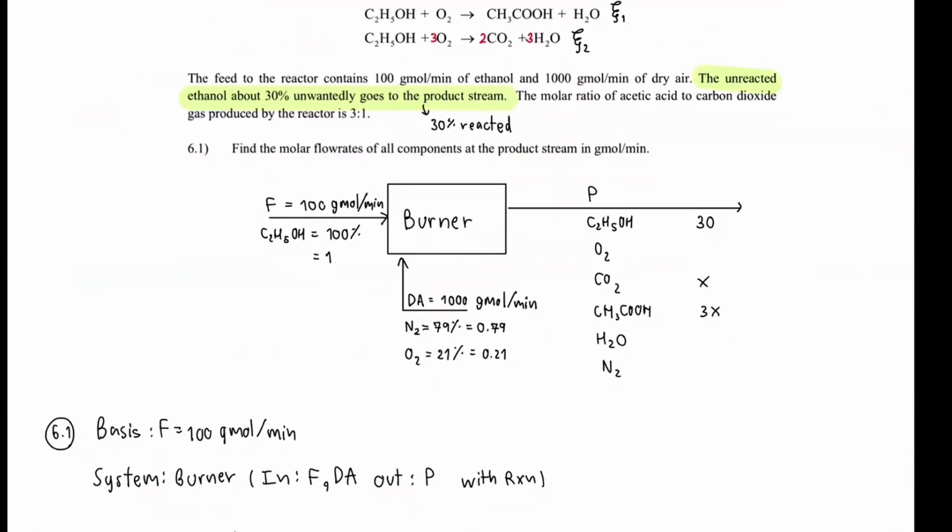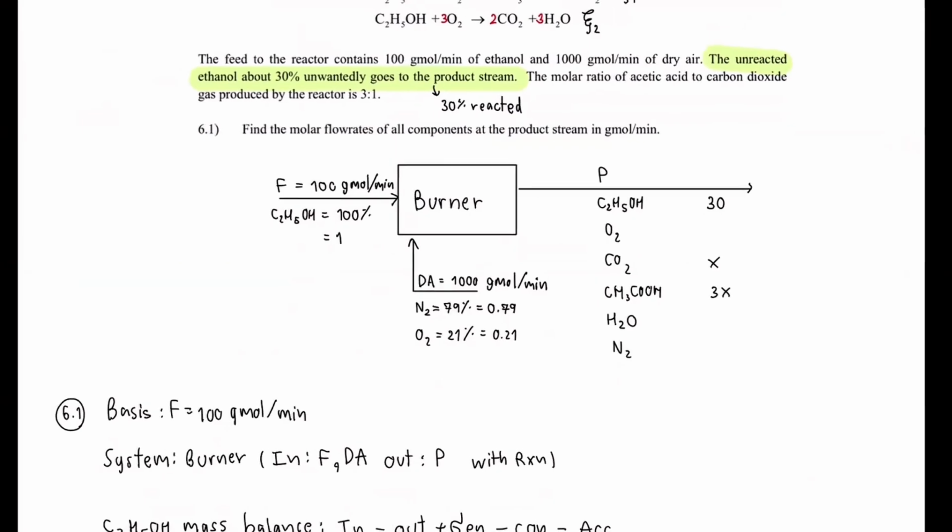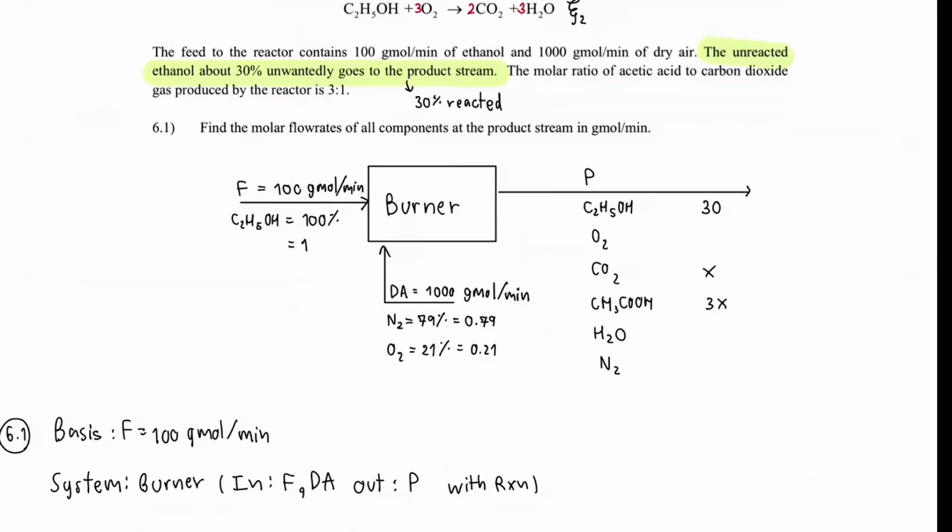Then draw the diagram to see the picture clearly. As I said before, the reactor contains ethanol and dry air. The feed of ethanol is 100 gram mole per minute. In mass balance with chemical reaction, we have to work in mole fraction.